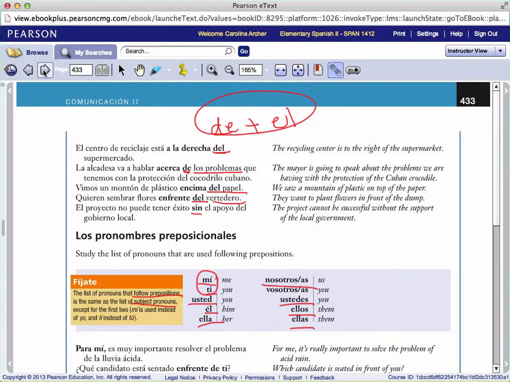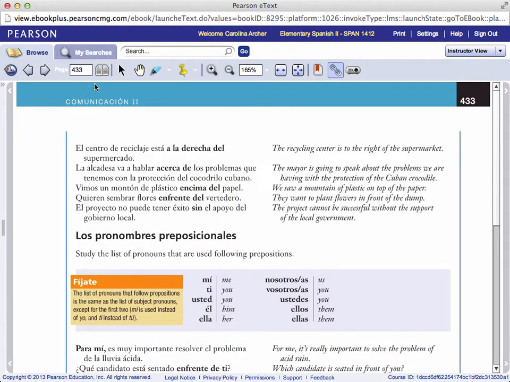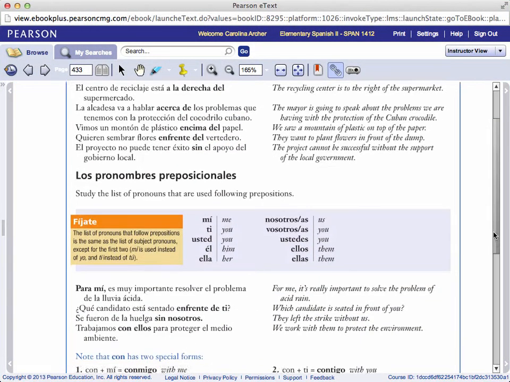Para mí, or a mí, and a ti. And then if we want to say for him, or for her, or for you, or for us, we say para usted, para él, o a ella, para nosotros, para ustedes, a ellos o a ellas. Okay? Y tenemos unos ejemplos aquí abajo.